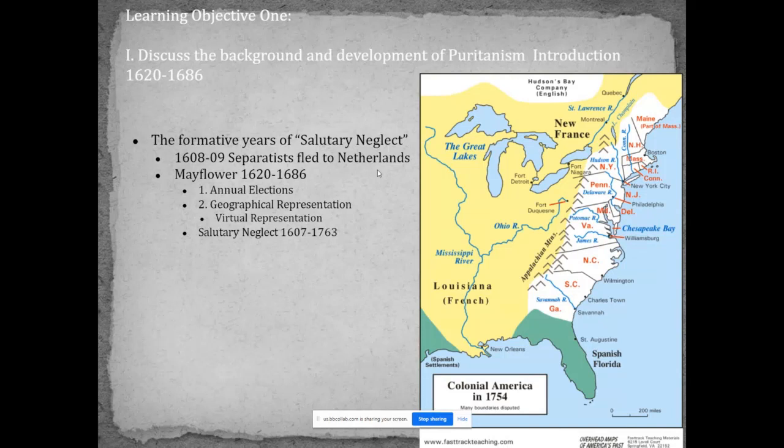And so they want to make sure that their children are growing up in the way they intended. And so by the time we get to 1620, an opportunity develops for these people, commissioned by Great Britain, for these people to colonize the Americas.